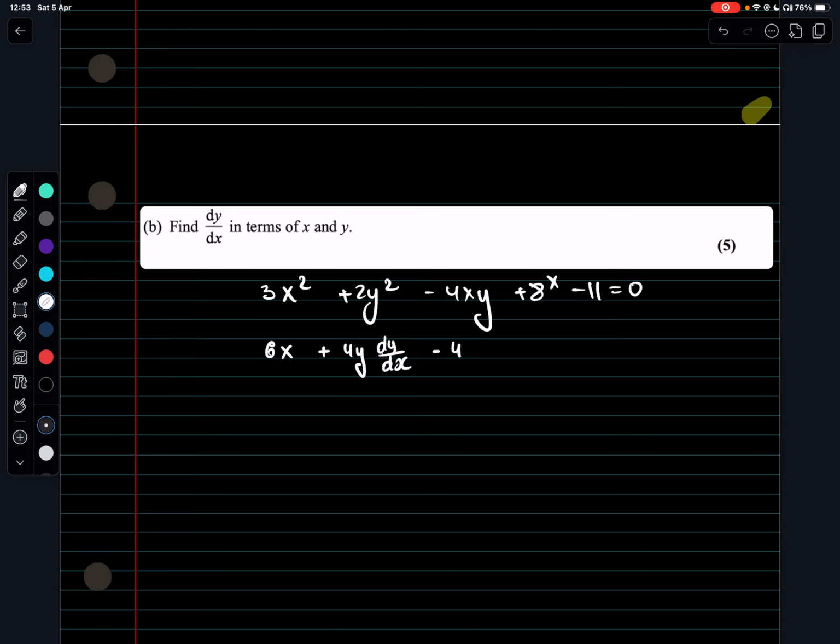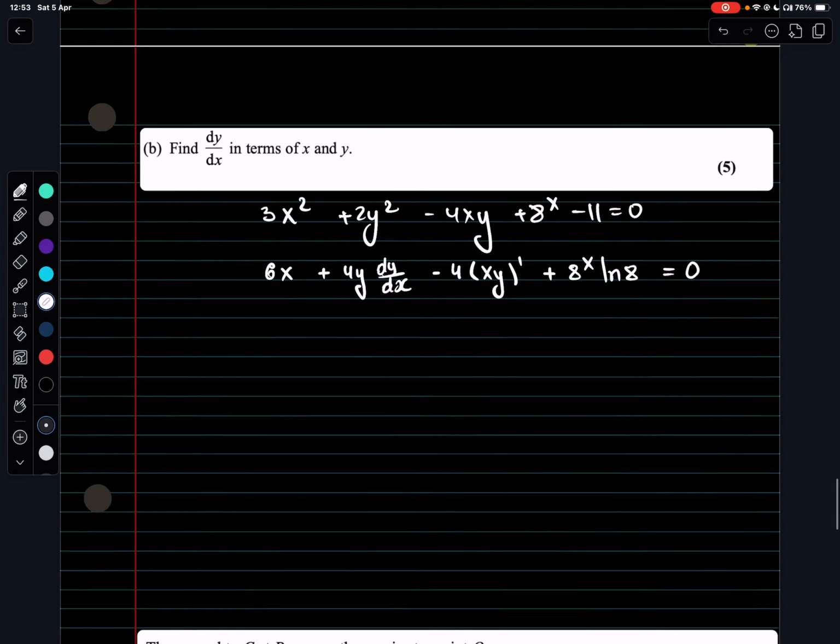Minus, take the 4 out, and you find the derivative of xy. Then the derivative of 8 to the power of x is 8 to the power of x ln 8, and minus 11 will be 0. That equals 0.